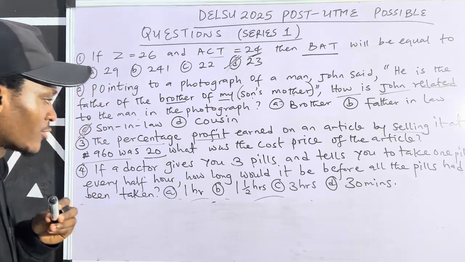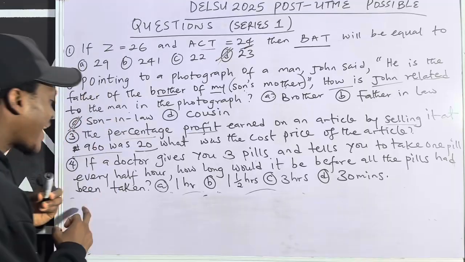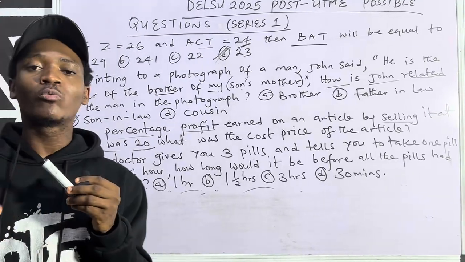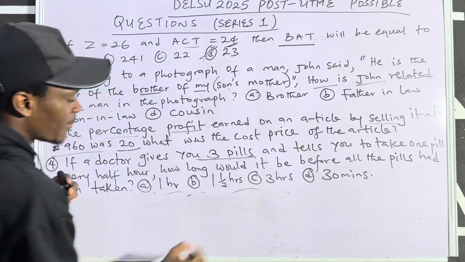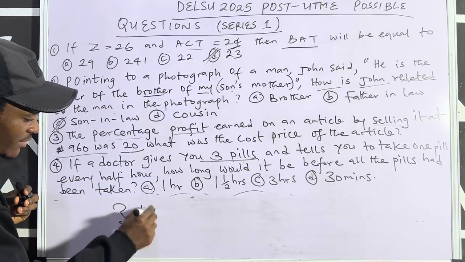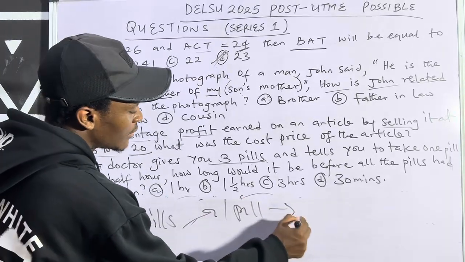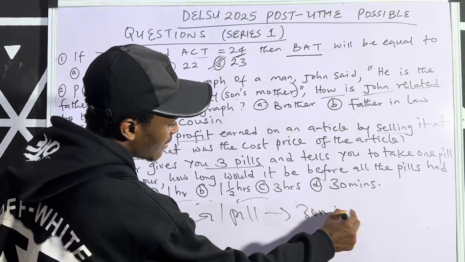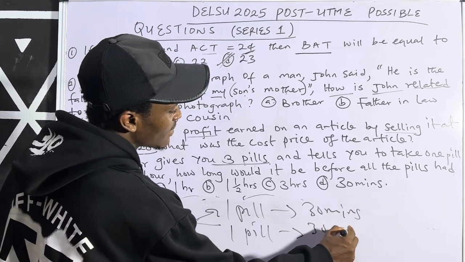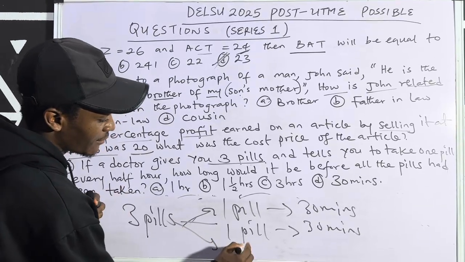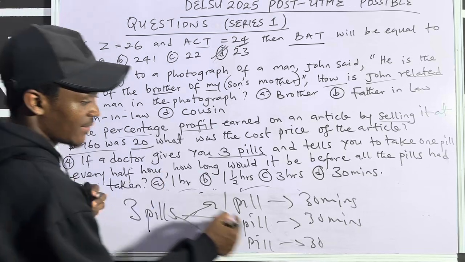That's the instruction. So how long would it be before all pills had been taken? Meaning how long would it take you to consume all of the pills? Remember the doctor gave you 3 pills. So you have to take 1 pill every 30 minutes, and then another 1 pill after 30 minutes, and another 1 pill after 30 minutes. You know why it is 30 minutes? Because it's half hour.